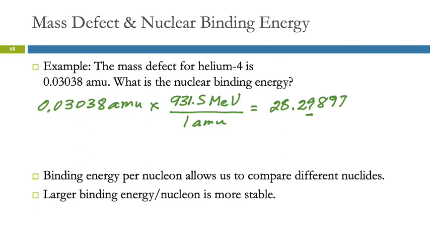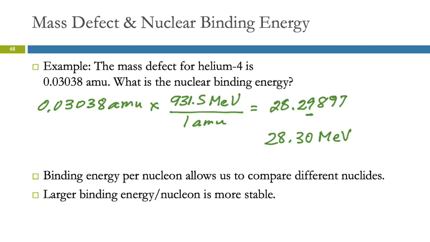That gives 28.29897, so 28.30 mega electron volts. Well, this is asking what's the nuclear binding energy, and it doesn't specify the unit. So I think this is easier. If it wanted it in joules, we just use another conversion factor.